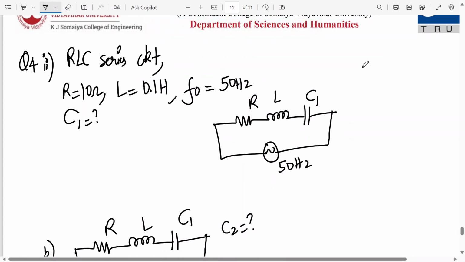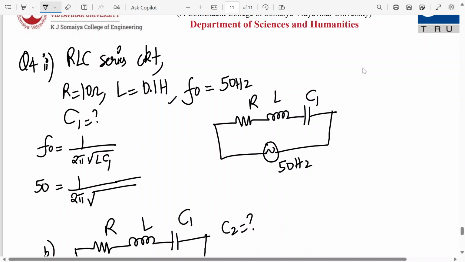How to find C1? Anyone? Tell me the formula for RLC series resonance. F naught is 1 upon 2 pi square root of LC1, right? From here can you calculate C1 directly? Yes. F naught is given, 50 hertz. 1 upon square root of L, which is 0.1, into C1.